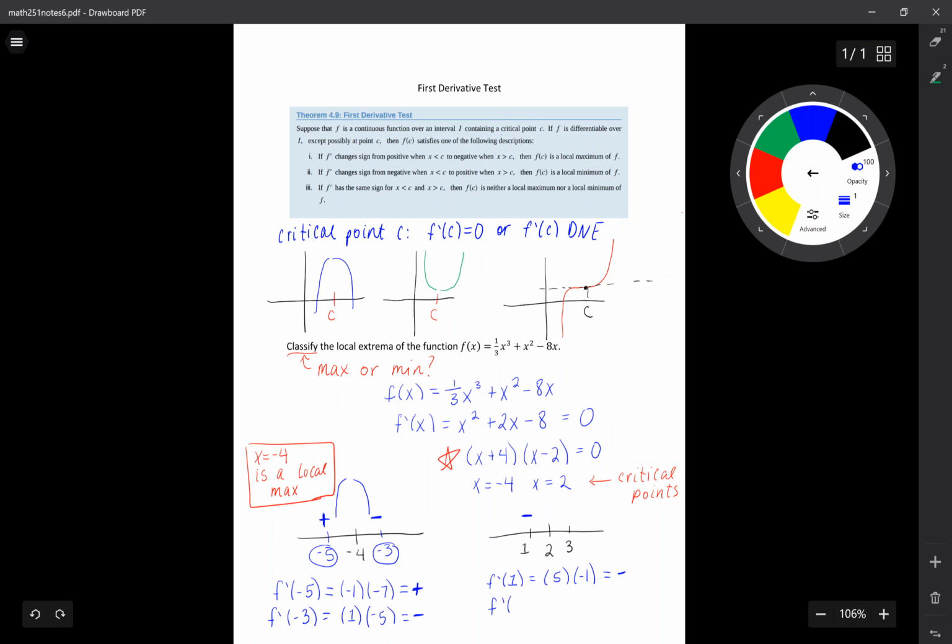And f prime of 3 is equal to 3 plus 4 is 7, times 3 minus 2, which is, whoops, sorry, 3 minus 2 is +1. This is positive. So we change from decreasing, when our derivative is negative, to increasing when our derivative is positive. So this tells me that x equals 2 is a local min.